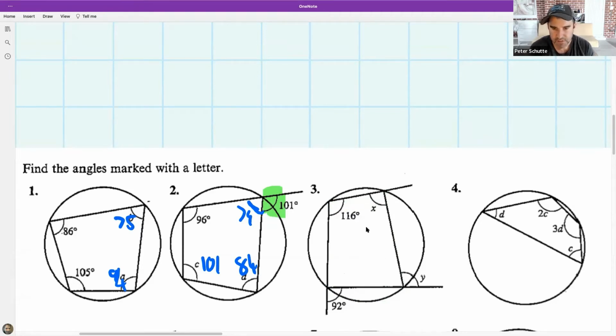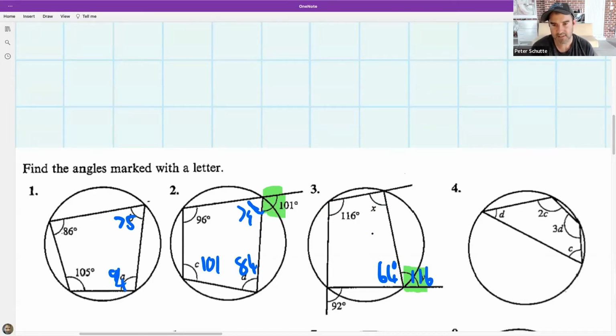Now, if I was wanting to know this one down here, this would be 64, because 64 plus 116 is 180, or supplementary. However, if you're interested in Y, which is the thing next door, this thing over here isn't going to be 64. If you think of angles on a straight line, it has to be 116, because if you add 64 and 116, you get 180.